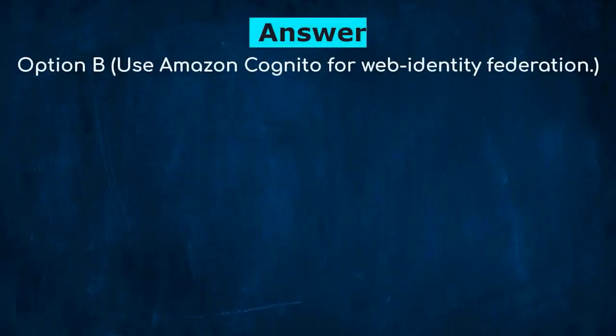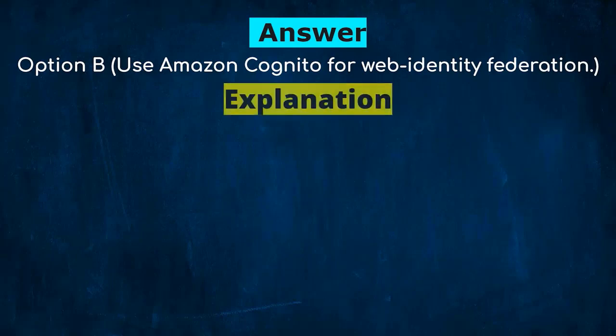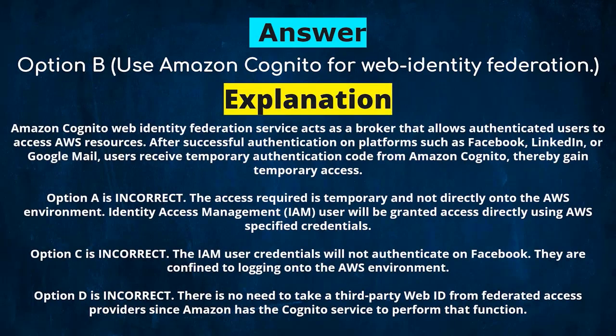And the correct answer is option B. Use Amazon Cognito for Web Identity Federation. Explanation. Amazon Cognito Web Identity Federation service acts as a broker that allows authenticated users to access AWS resources. After successful authentication on platforms such as Facebook, LinkedIn, or Google Mail, users receive a temporary authentication code from Amazon Cognito, thereby gaining temporary access. Option A is incorrect.